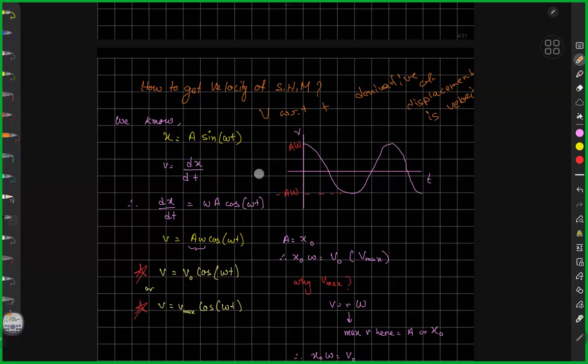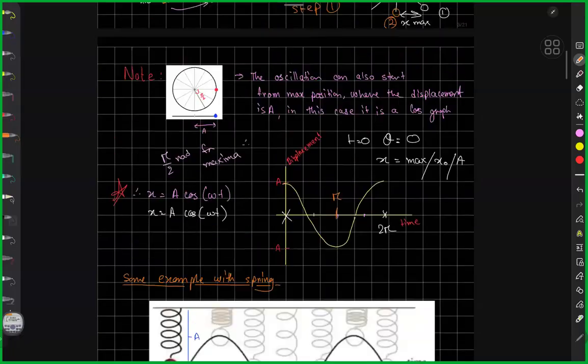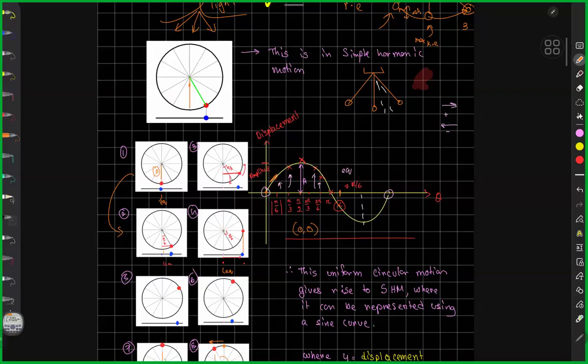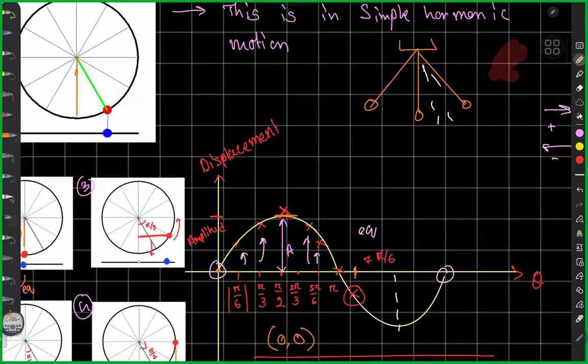So for any point on the curve, the instantaneous change in displacement by instantaneous change in time gives me the gradient of the curve at that instantaneous point. And that gradient of the curve is the velocity at that instantaneous point. What is the gradient over here at this maxima, or this position 3? Zero.